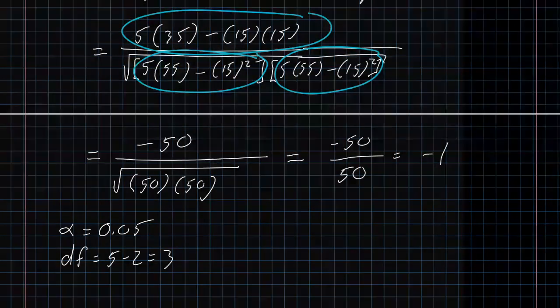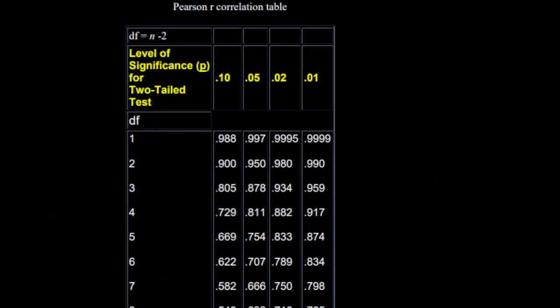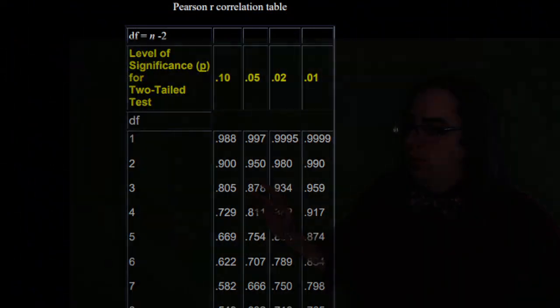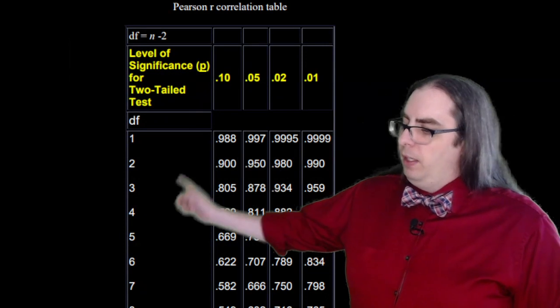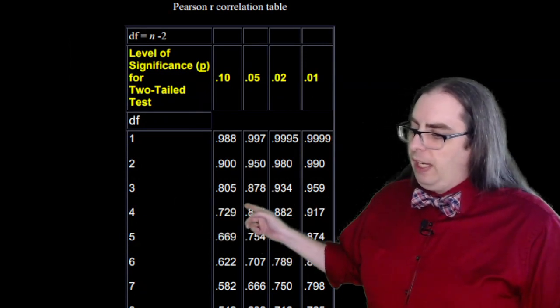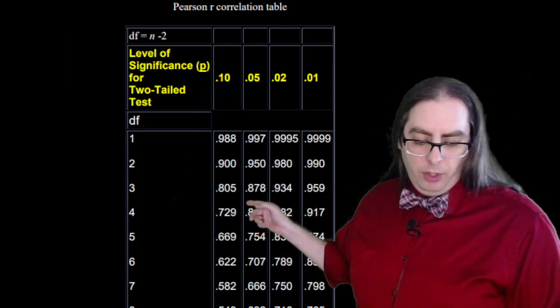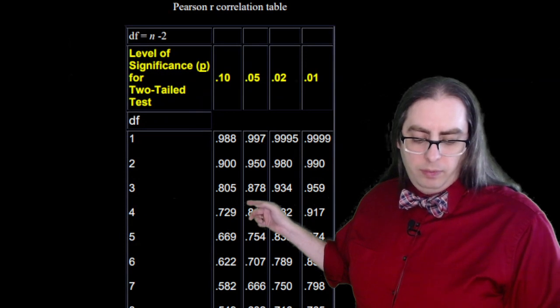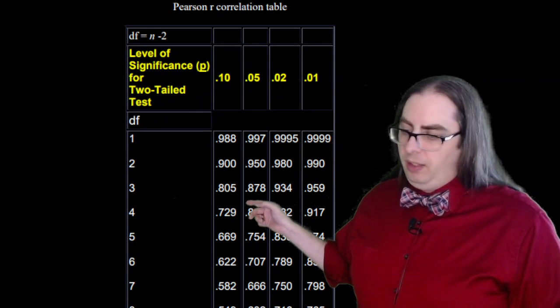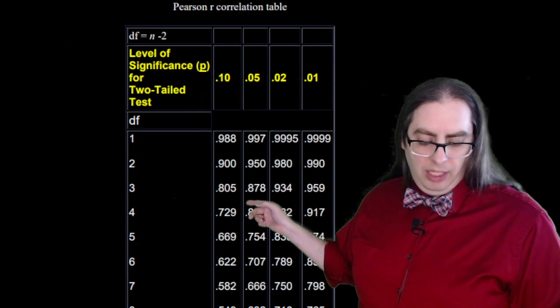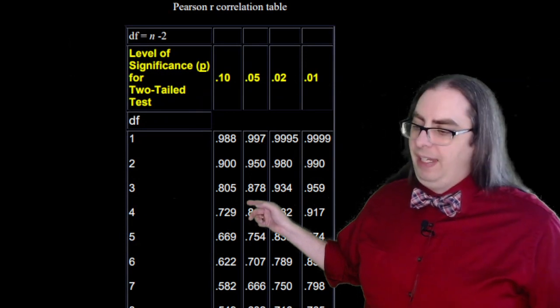And if we go to our nice table of Pearson R values, degrees of freedom are 3, alpha is 0.05, the critical value is 0.878.